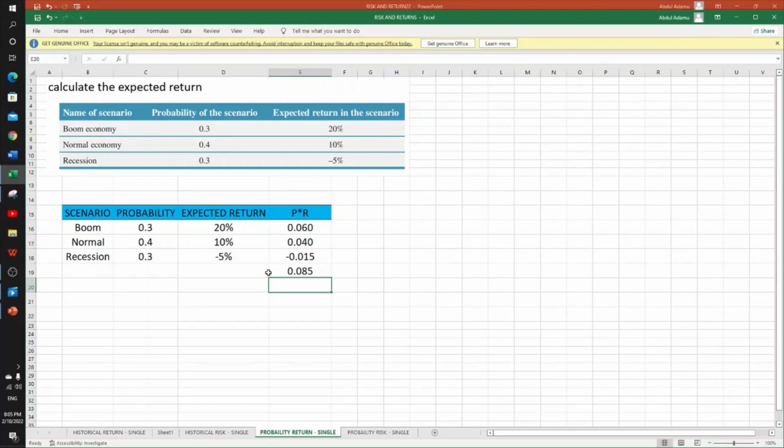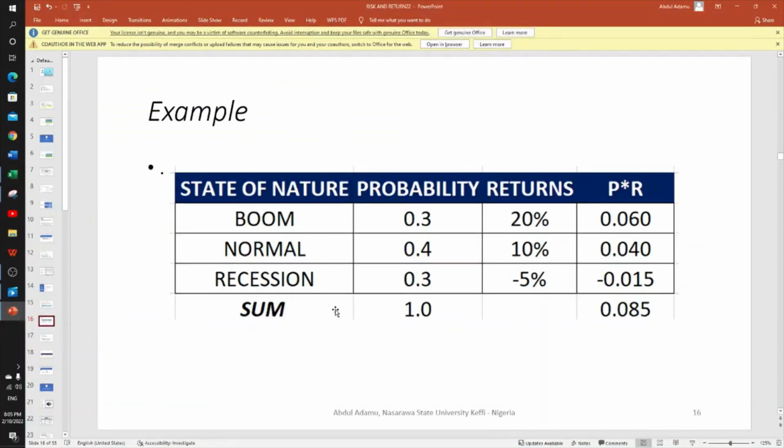So this addition is the expected return. So this is our expected return, which is the mean of a single investment.